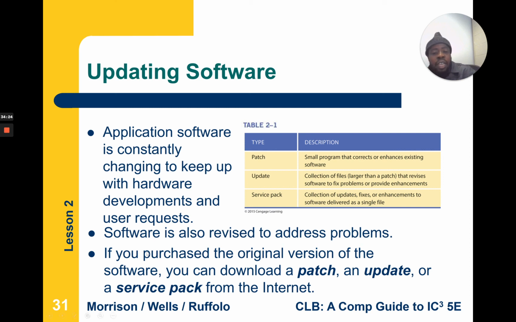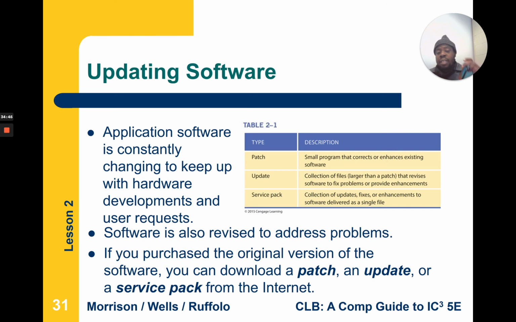So if you purchase an original version of the software, an update may be available, like updating your operating system, a number of times on your phone. They will ask you that a new OS for the phone is available, update it. That OS is a system software.